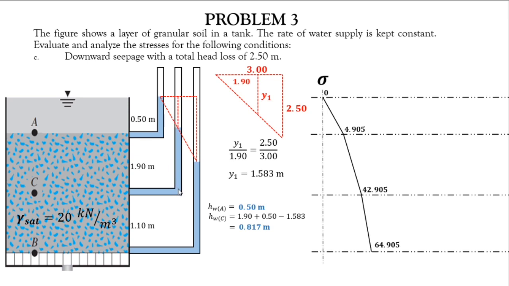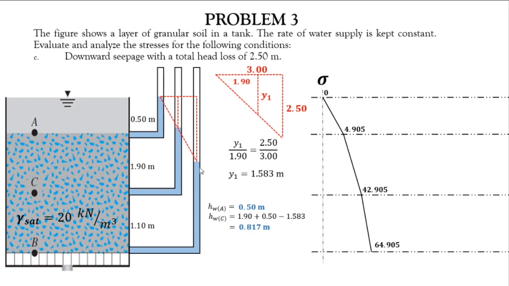That is 1.9 plus 0.5. Nandito na tayo. That is 1.9 plus 0.5. Bago natin i-minus yung y sub 1. Ayan, so ang y sub 1 natin dito, kanina kasi naka-add yan. So ngayon, i-minus natin dahil nabawasan na yung energy, 1.583. Giving us a total height of 0.817.